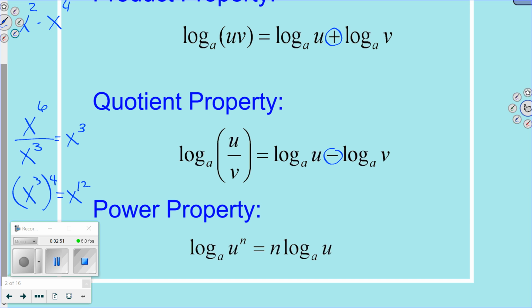So when you were raising it to an exponent, you multiplied. Same idea here. When I have an exponent, that exponent gets thrown out in front, and now it's multiplied by that entire log. So anytime you have an exponent, it gets thrown out in front, and in essence it's like it's being multiplied by whatever answer you would get right there.